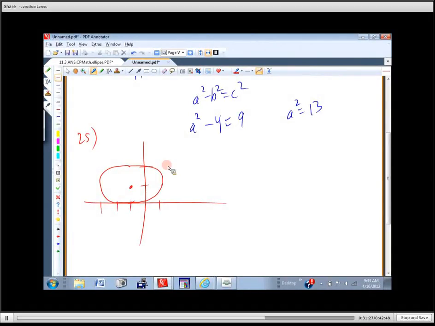Sorry. Negative 1, 1. There's the center. Just looking at that, if this were a test question, what should you be able to do? If you know the center, what are those variables? Oh, you know h and k. Go ahead and write down.